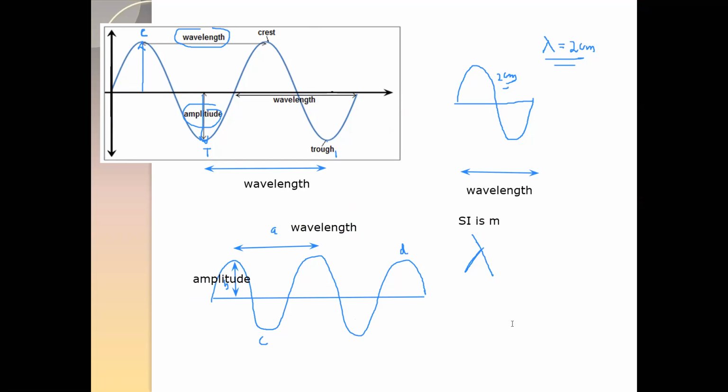So B stands for amplitude, because I asked to label the arrow that represents amplitude. What does C stand for? C is a trough. And what does D stand for? D stands for crest. So these are the points which we define for a transverse wave.